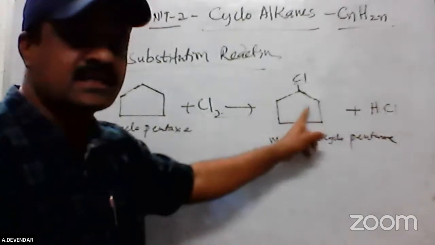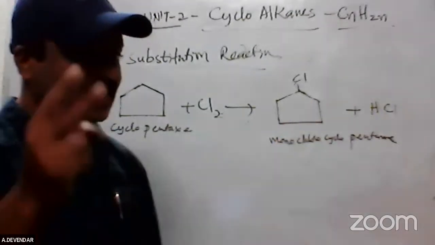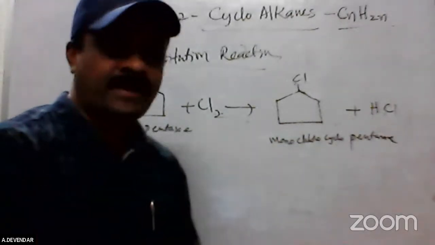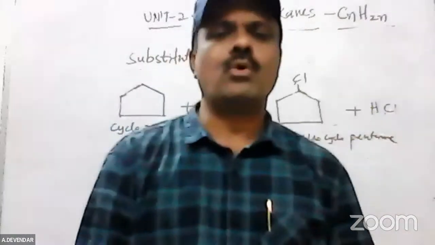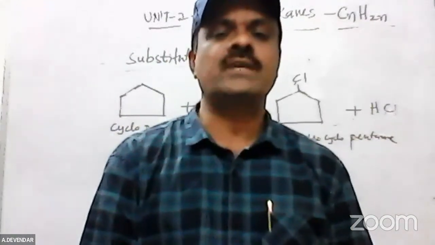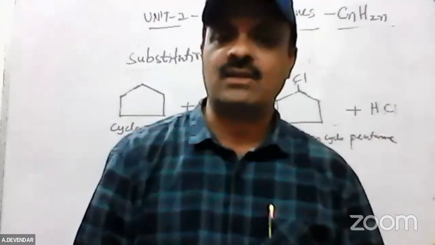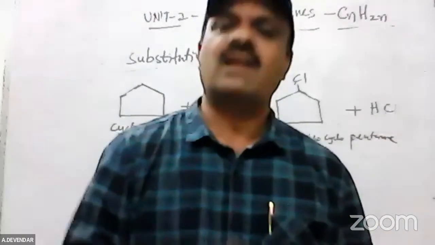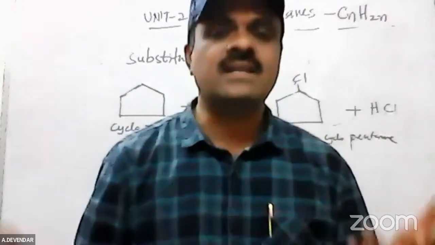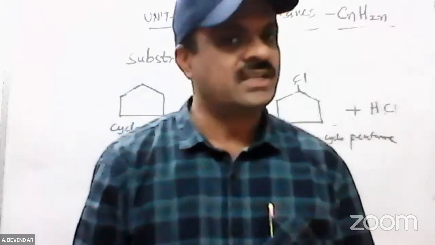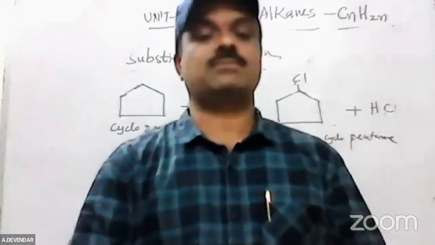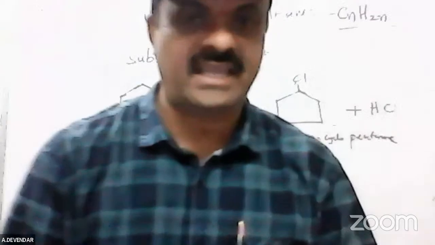This ring does not open. What is the reason why it is happening? Only cyclopropane and cyclobutane are undergoing chemical reaction. Why not cyclopentane and cyclohexane or higher cycloalkanes? Why are they not participating in those addition reactions? That will be explained by the Baeyer strain theory.